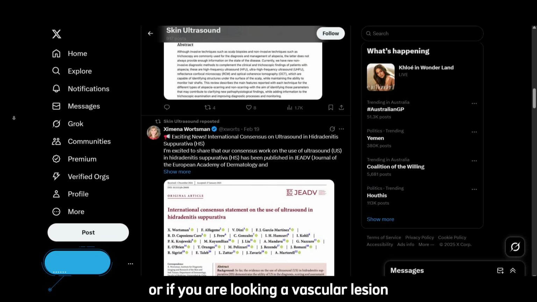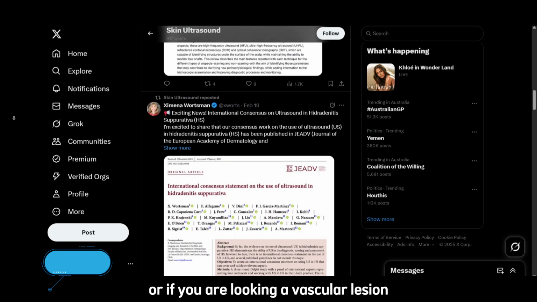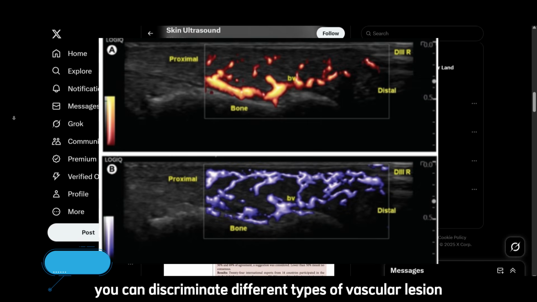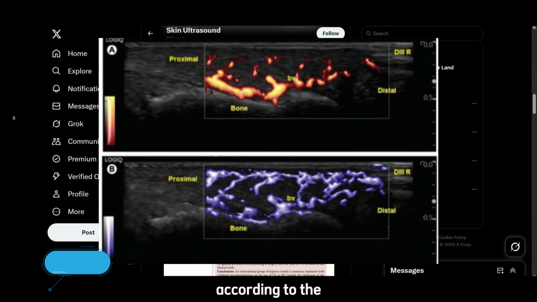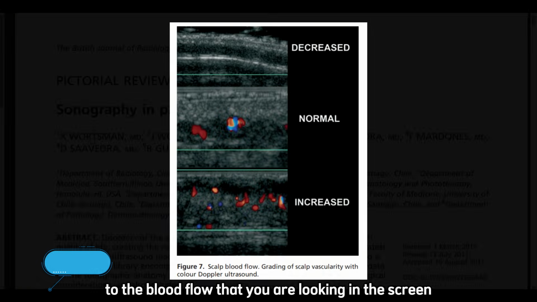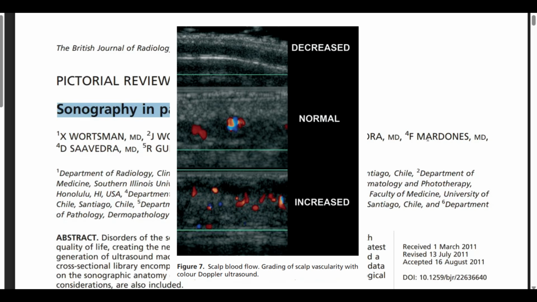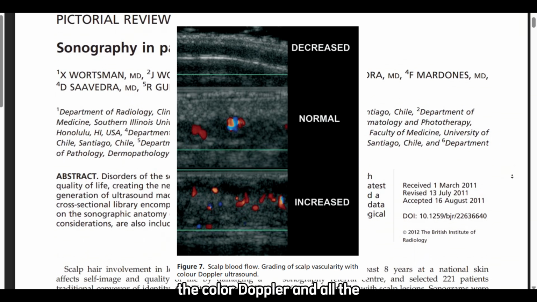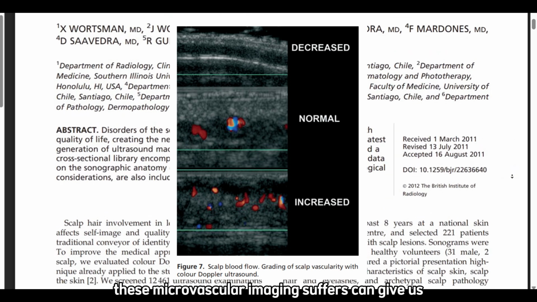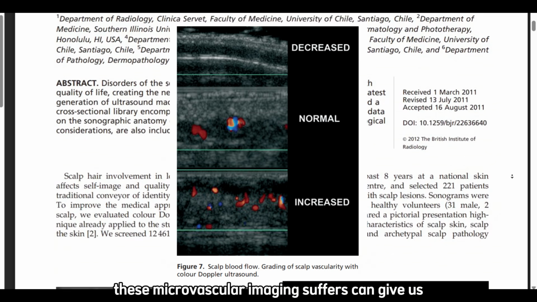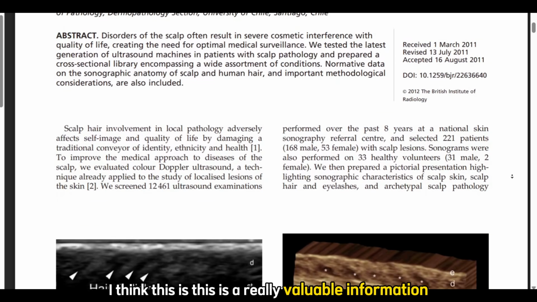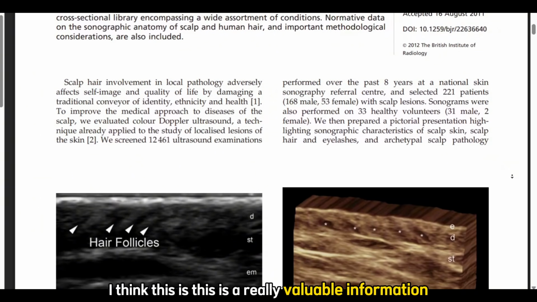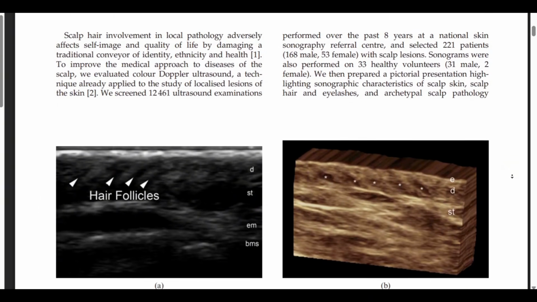Or if you are looking at a vascular lesion, you can discriminate different types according to the blood flow that you see on the screen. So there are many points that the color Doppler and all these microvascular imaging software can give us, and I think this is really valuable information.